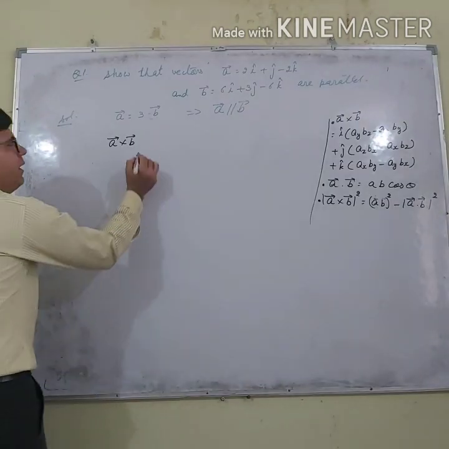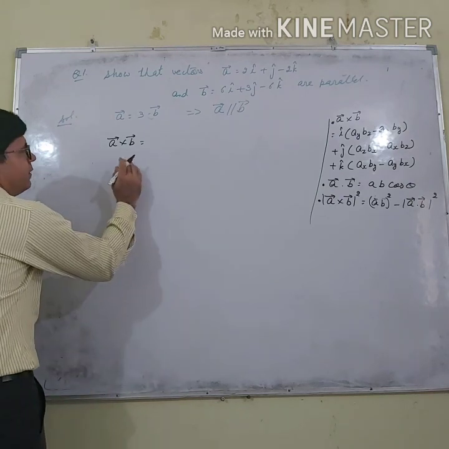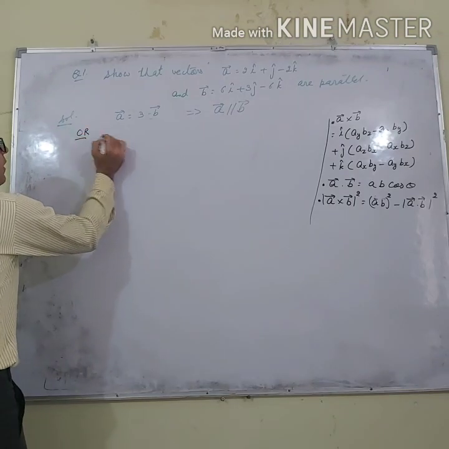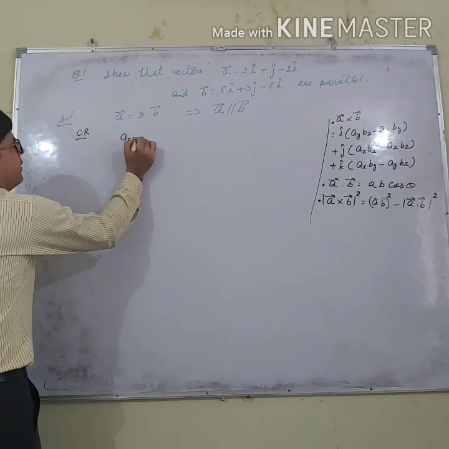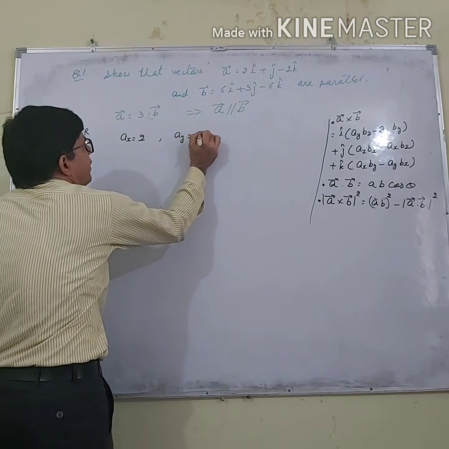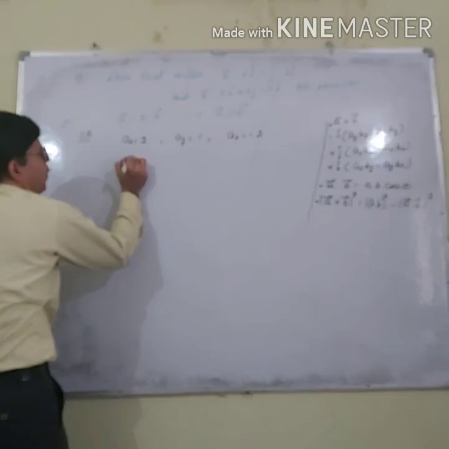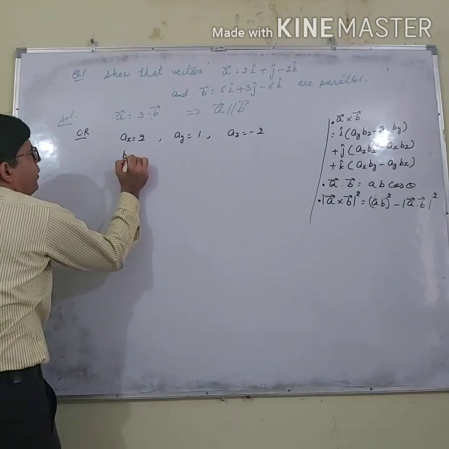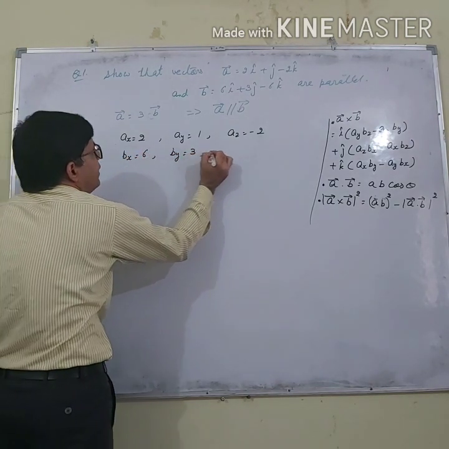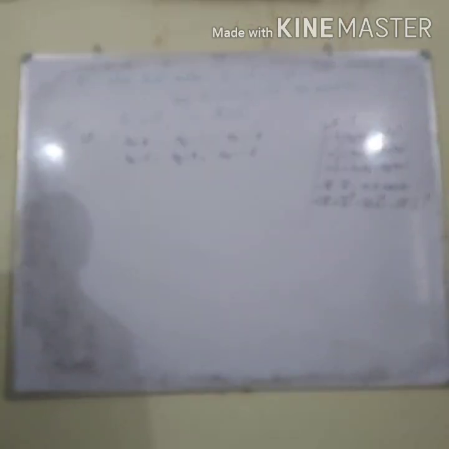Now how can I find A cross B? For the second method, AX is 2, AY is 1, AZ is minus 2, and BX is 6, BY is 3, and BZ is minus 6.